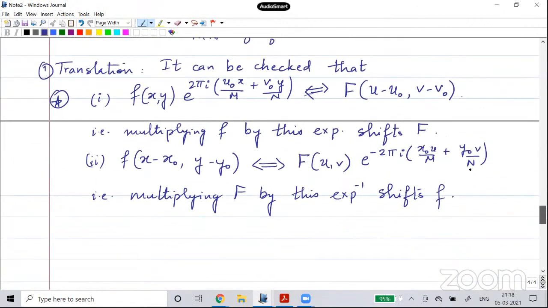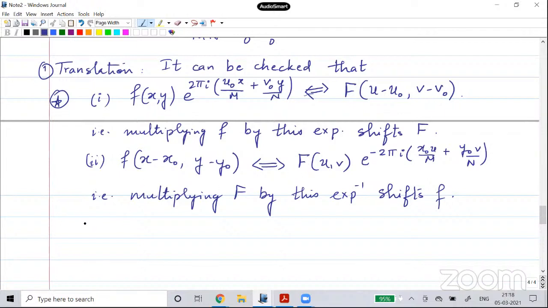Another thing to note from this is that you're doing translation on the image. The translation on the image has no effect on the magnitude of the Fourier transform. The only effect is you're multiplying this. The magnitude does not change.